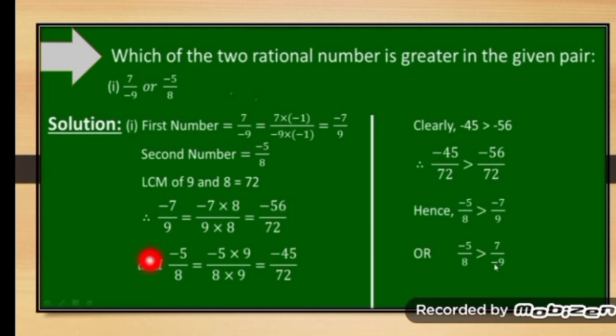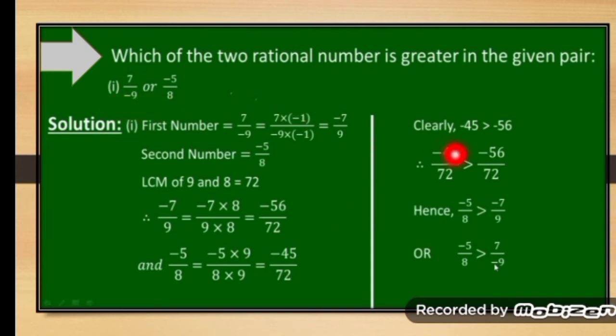To make 8 equal to 72, we will multiply it by 9, and we will multiply the numerator by the same number 9. After multiplying by 9, we get minus 45 by 72. So the denominators of both rational numbers are positive and the same. Now we will check the numerators. We have to tell which rational number is greater between these two rational numbers.